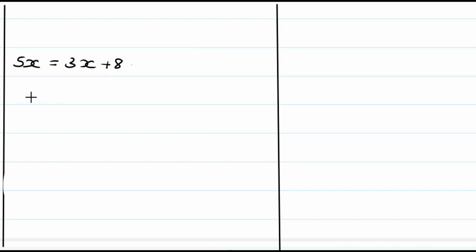The first step in a question like this is to group the like terms together. When I say like terms, I mean the variables and then the ones which don't have x. In this case, I have 5x on this side and 3x on this side, and I can group them together like this.